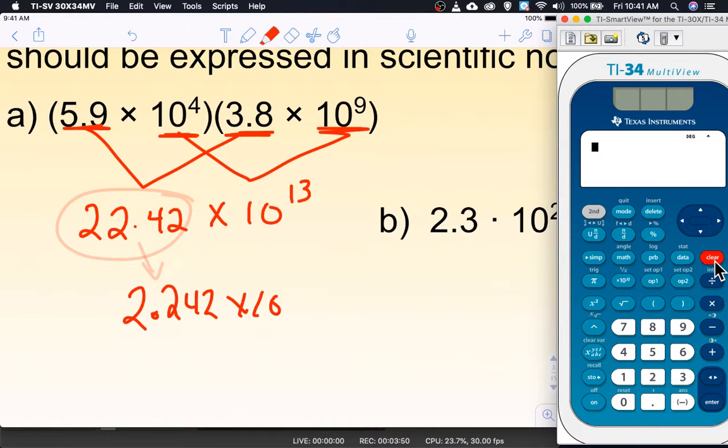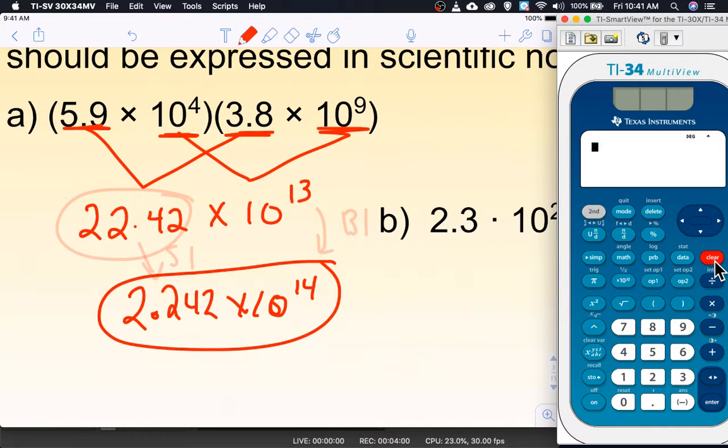So my decimal piece got smaller by one place, and my exponent gets bigger by one place, giving us 10 to the 14th power. And we're done. So that's multiplication. It's pretty straightforward. You just multiply your decimal pieces together. You multiply your powers of 10, adding the exponents, and then make sure your answer is in scientific notation.